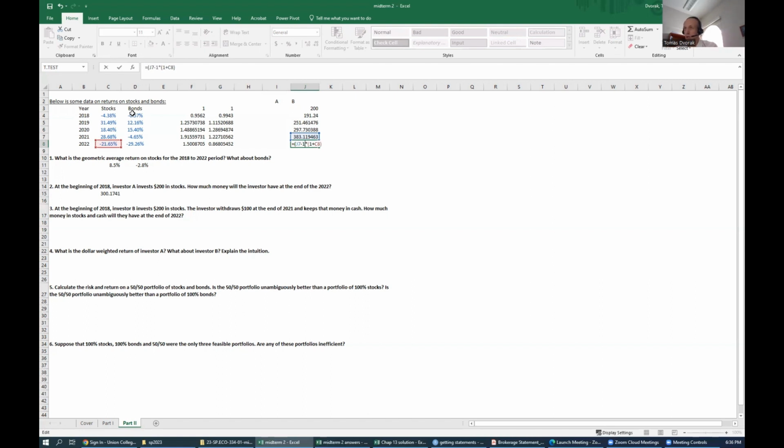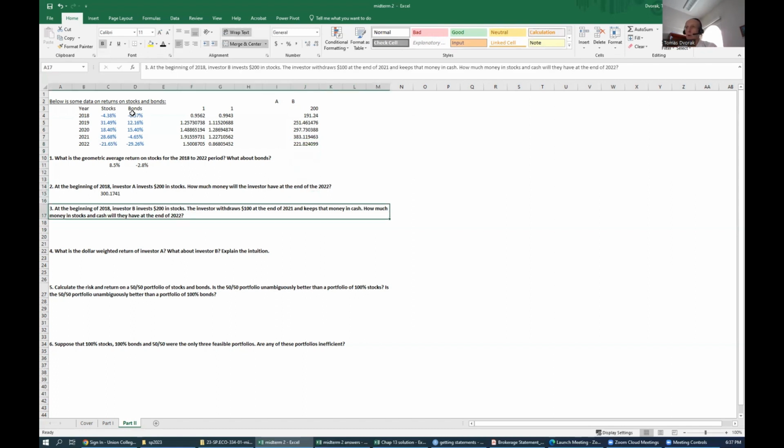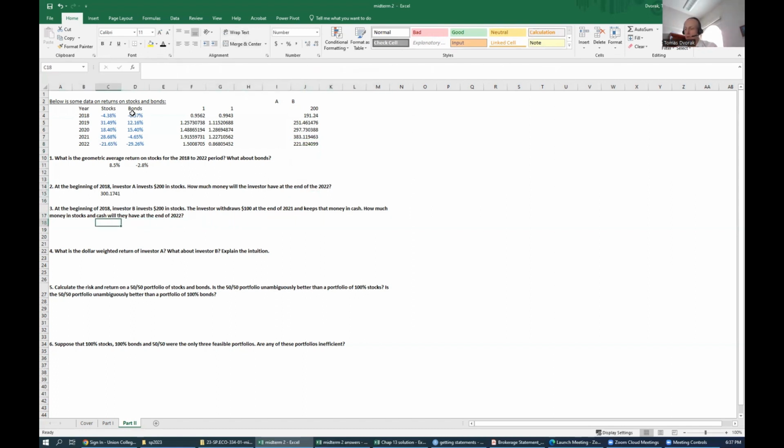From that we're going to subtract 100 and then multiply that by the rate of return on stocks. And so they're going to end up with $221 in stocks. So they'll have cash of 100, stocks of whatever is in this cell, and the total is going to be $321.